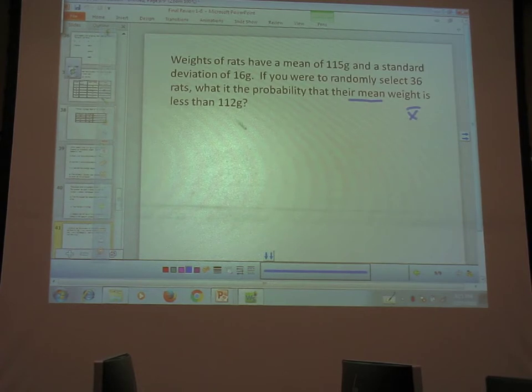So instead of using sigma, we're going to use sigma x bar. Do you guys remember that? What's that called? It starts with a C. Central limit theorem. So sigma x bar is equal to sigma over the square root of n.